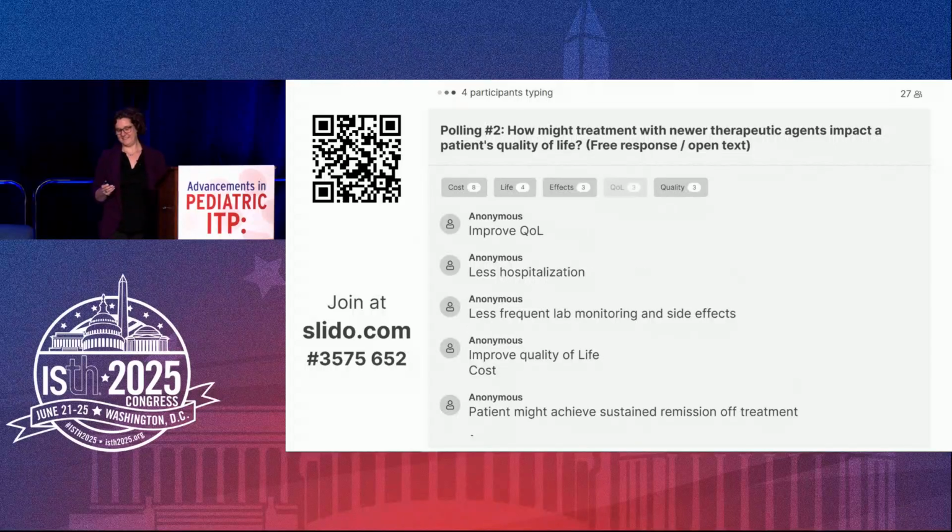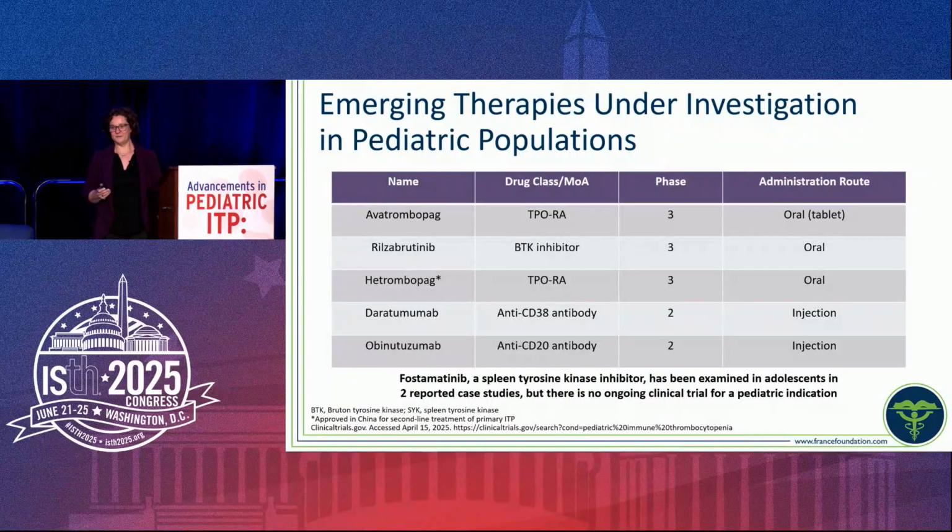All right. So we'll talk a little bit about some of these emerging therapies that are under investigation, in particular in pediatric populations, and we can touch a little bit about some of the other drugs that have been developed or in development that are not yet coming to pediatrics, but in particular, like fostamatinib, a spleen tyrosine kinase inhibitor.